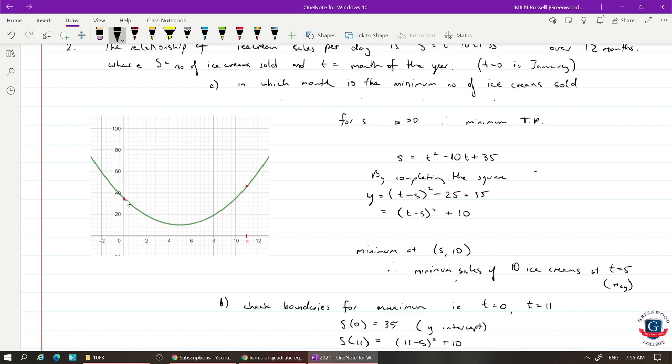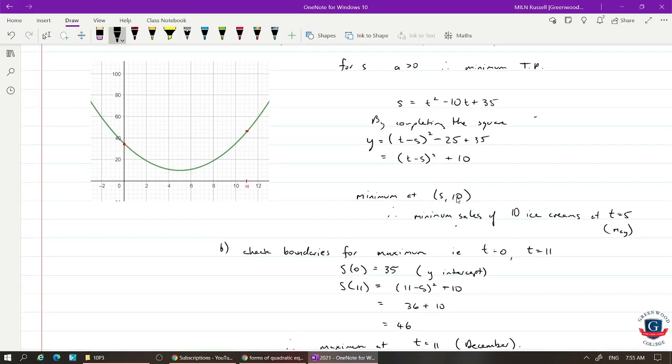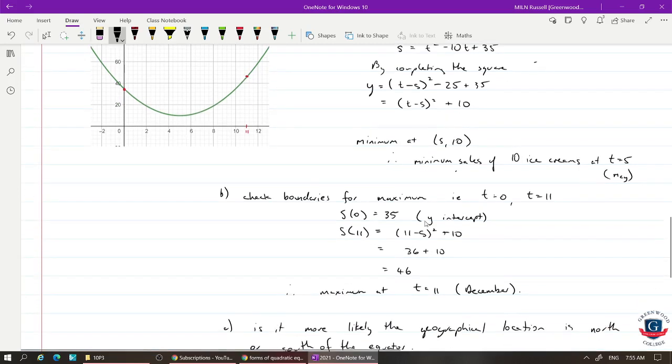And from our graph, we can see that it's not at 0, it's actually at 11. It's definitely not at the turning point. So let's check the boundaries. So at t equals 0, the y-intercept, the number of sales is 35. And at t equals 11, by substituting in 11 into the equation, we find that it's actually at 46. That tells us the maximum occurs at t equals 11 in December, in the hotter months of the year.